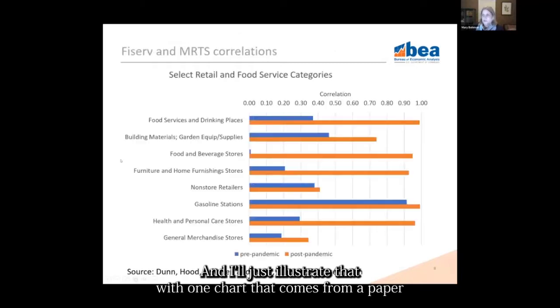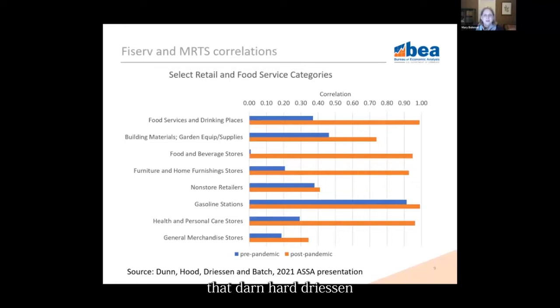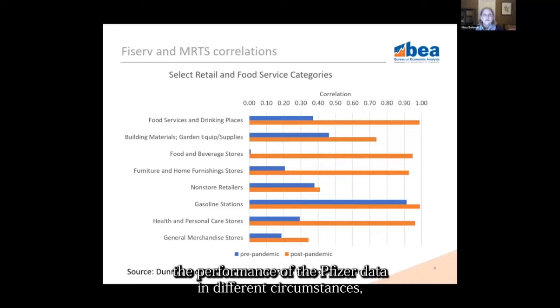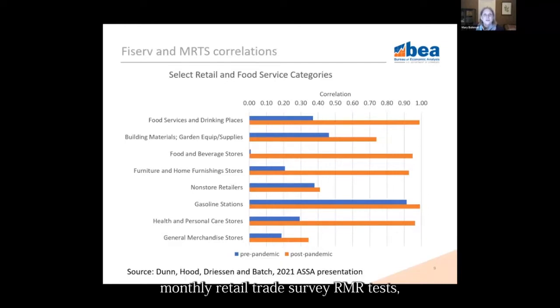And I'll just illustrate that with one chart that comes from a paper that Dunn, Hood, Dreesen, and Batch presented at last year's ASSA meetings. They analyzed the performance of the Fiserv data in different circumstances, including analyzing correlations with Census's monthly retail trade survey, or MRTS.